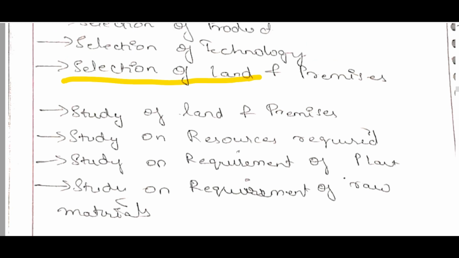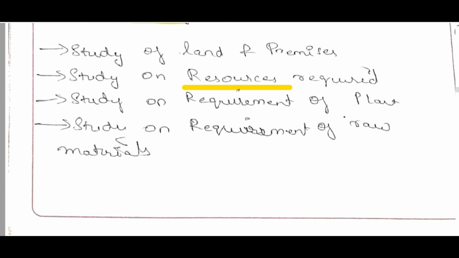We have to select a land, we have to study about the land, about the basic requirements, whether water is available, whether electricity is available, and what will be the resale price, etc. Study on resources required. Resources in the car industry would be like engine, tires, etc. Study on requirement of plant.